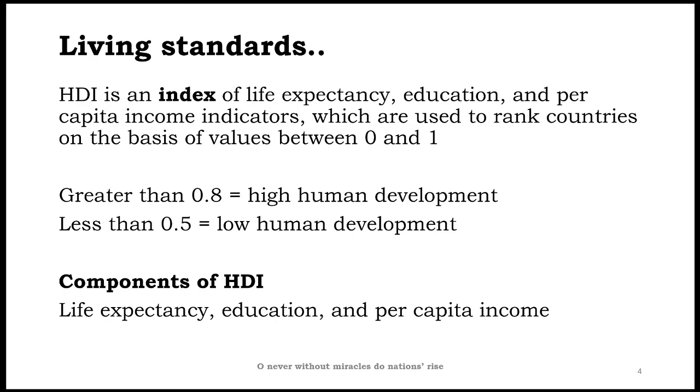The second indicator of living standard is HDI, the Human Development Index. The Human Development Index is based on life expectancy, meaning how long one can live; education, meaning how educated one is; and per capita income indicators, meaning how much per person income there is in an economy.